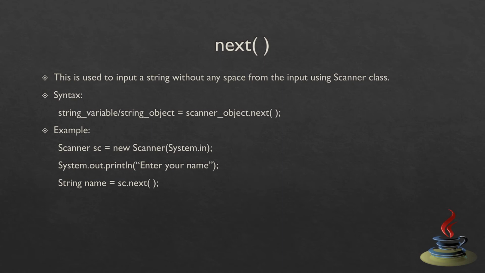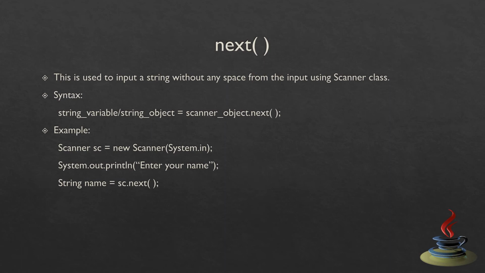That means if it encounters a space, then it terminates at that moment. If you write any sentence, then the next method cannot take the sentence, it takes only the first word of that string. So let's go to our syntax.